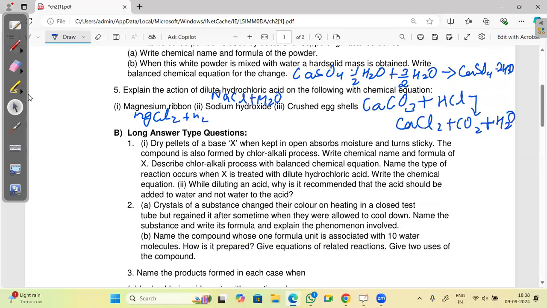Now see, dry pellets of a base X, when kept in open, absorb moisture and turn sticky. The compound is also formed by the chloralkali process. Write the chemical name and formula of X. So which compound are they talking of?